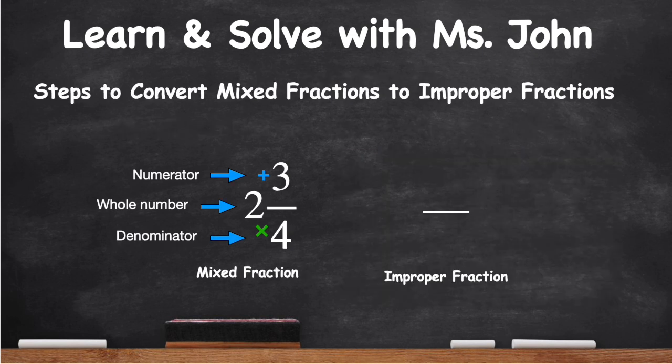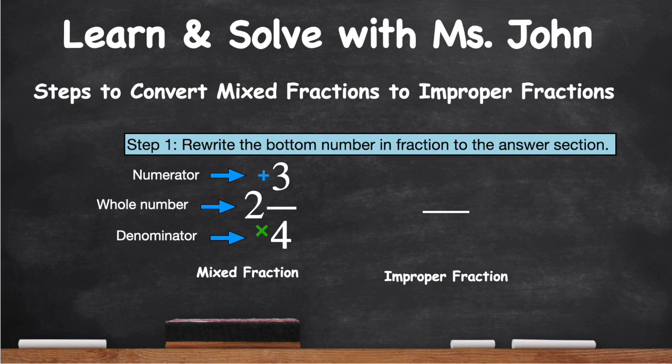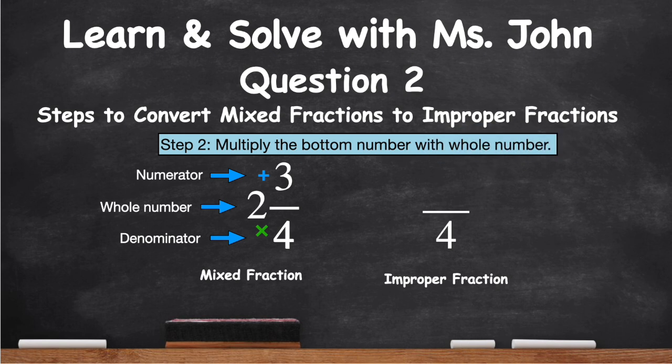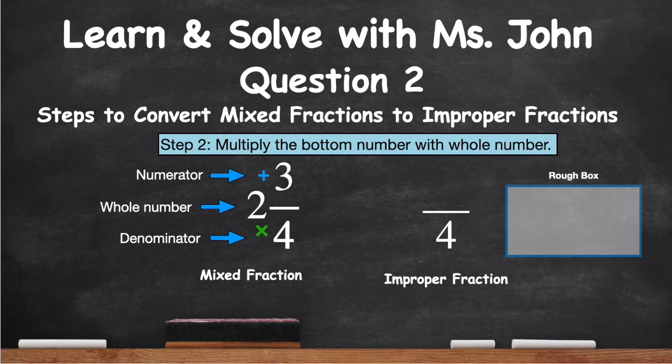So let's begin. Again, we're going to convert a mixed fraction to an improper fraction. Step number 1, we're going to rewrite the bottom number in the fraction to the intersection. So we're going to move that 4. Now, step number 2, we're going to multiply the bottom number with the whole number. Let's draw a rough box, and in that rough box, we're going to write 4 times 2. 4 times 2 equals 8.